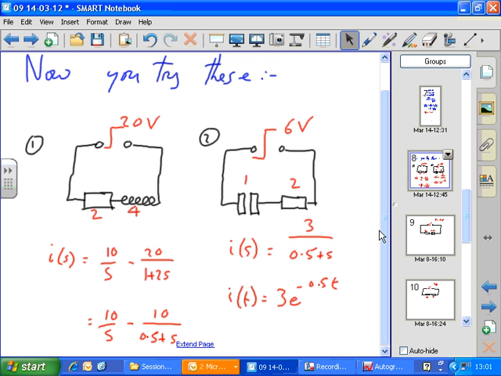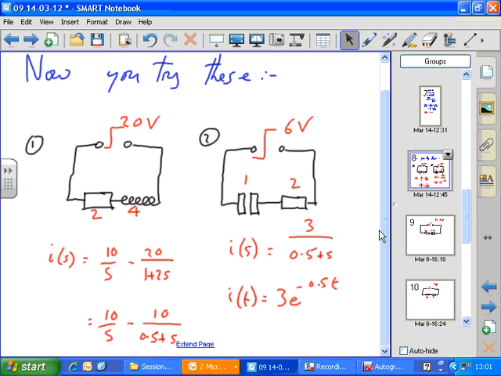But of course, to make the transform, s must be just one lot of s. So therefore, in the second fraction, I need to divide top and bottom by 2 to get the solution below, and then transform it to get the value for i.